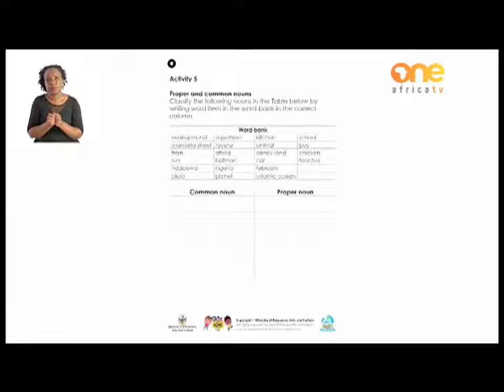Right. We have the word bank there, where we have such words as Swakopmund, superhero, kitchen, school, etc. Now the question is saying, you classify those words as common nouns or proper nouns.